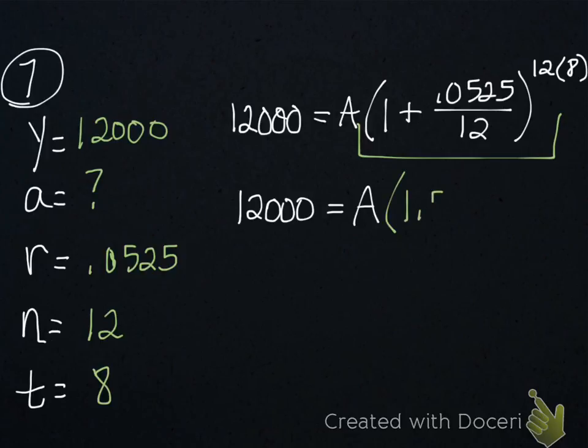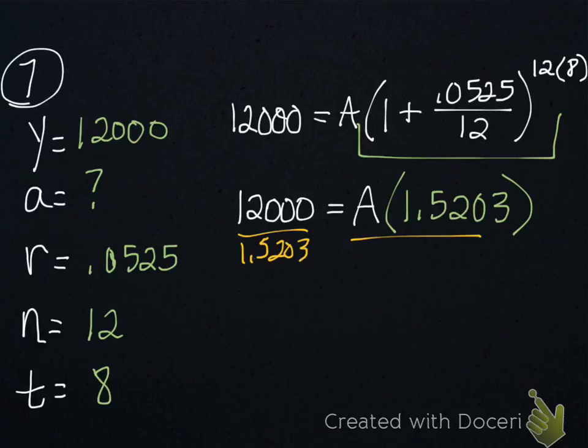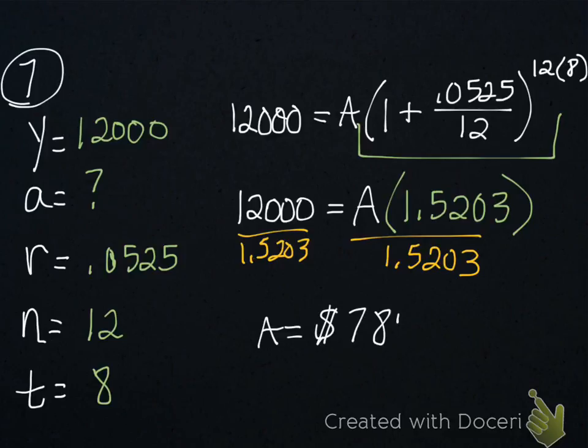I get 1.5203. Divide both sides by the 1.5203 to find your A value, which was the deposited amount. Remember, this is in US dollars. I get $7,891.79.